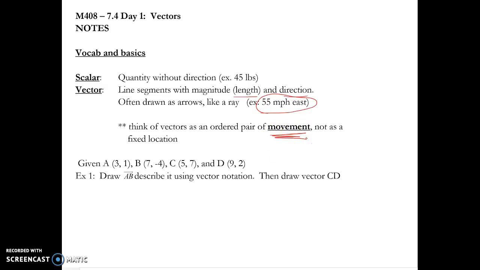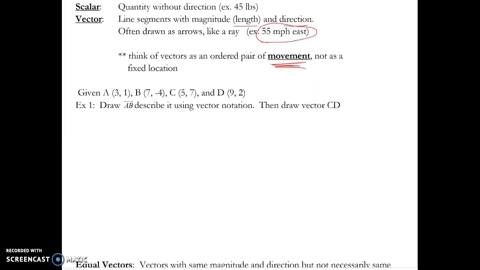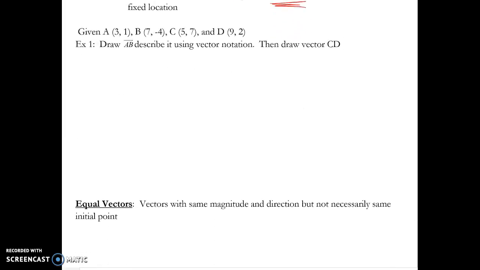I like to think of vectors as an ordered pair of movement, not just as a fixed location. So if we look at this example below, we will see 4 points. If we were to draw a quick sketch of a graph as to where these points would be, we would see point A right here, point B down here, and point C way up here, and point D right about there.